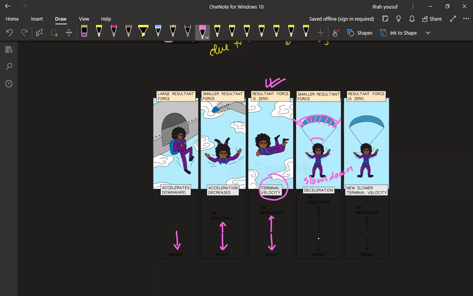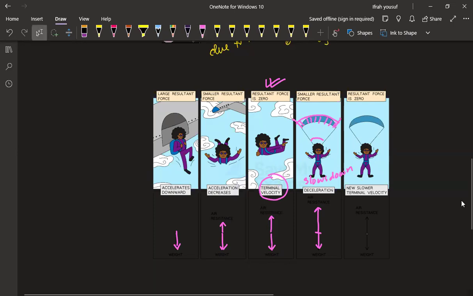Then there is a new, slower terminal velocity. Why? Because this time air resistance is greater than the weight, so a smaller resultant force is acting. You can see the size of the weight and the size of the arrow of the resultant force. I hope this concept is clear to you.